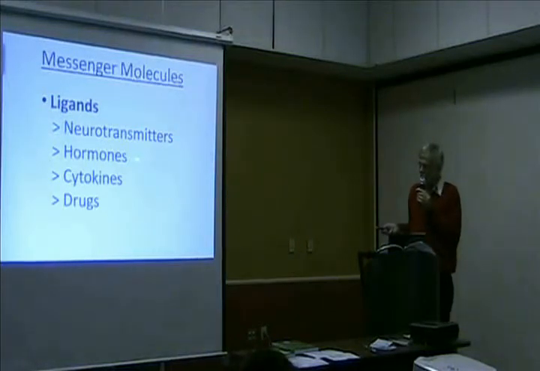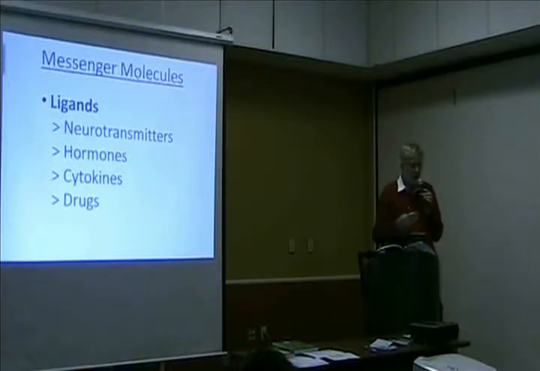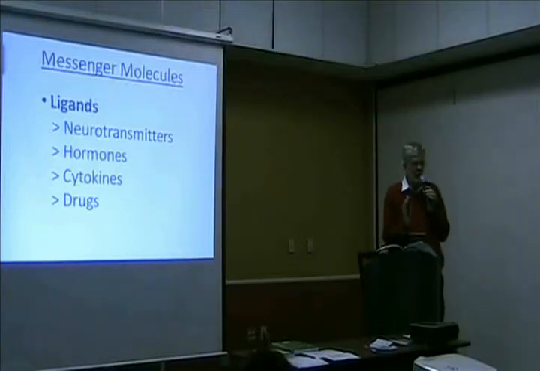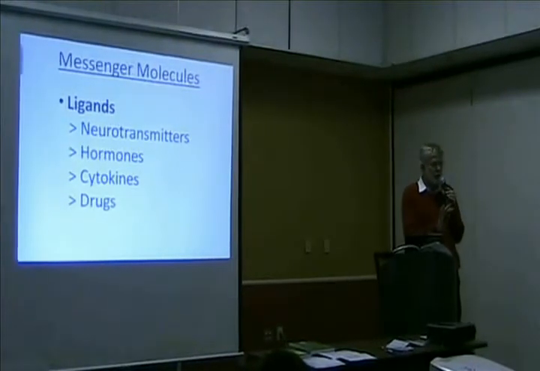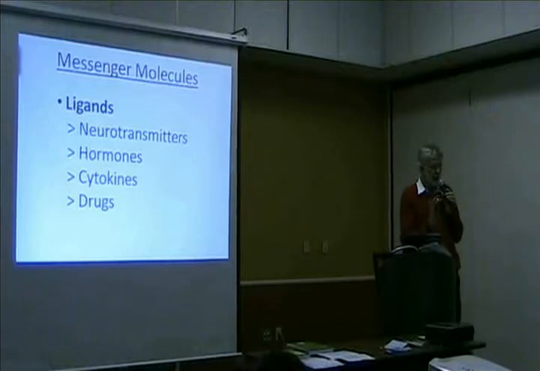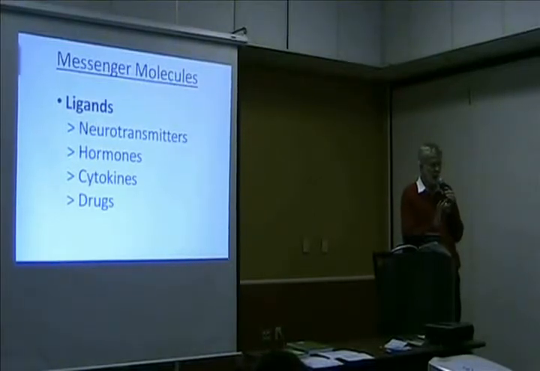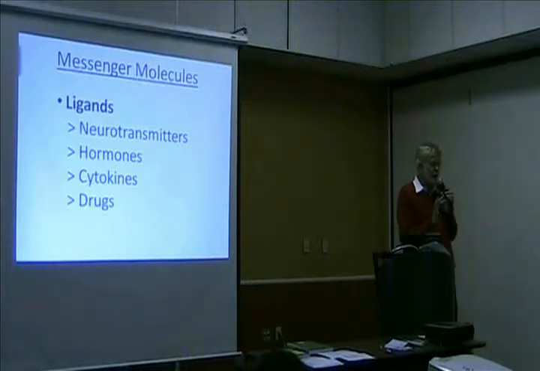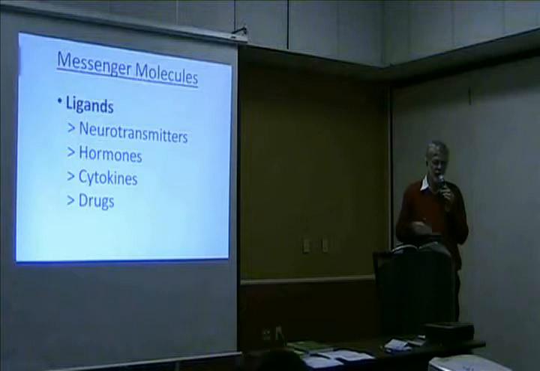Hormones, on the other hand, by definition, are travelers. They're released into circulation, and they have a particular target. So, for instance, thyroid-stimulating hormone goes into the bloodstream and goes every place, but its target is the thyroid gland.